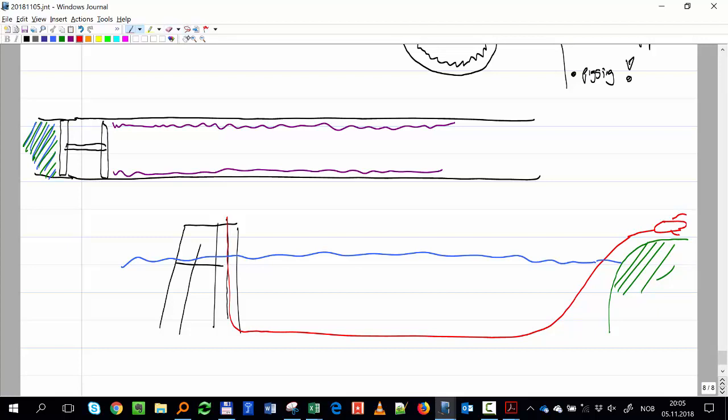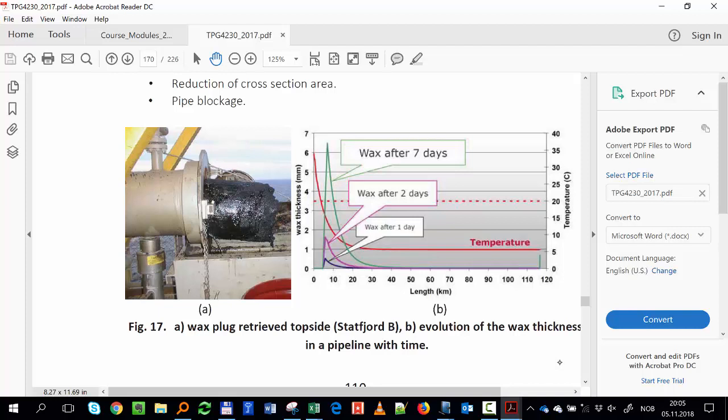You sometimes send the pig every certain time, from here all the way to the facility, such that it pushes and scrapes all of this wax that is stuck to the wall.